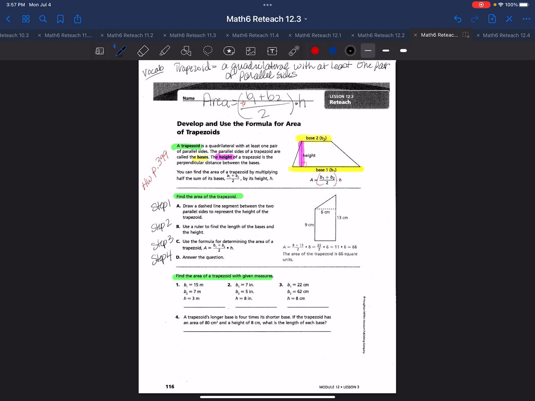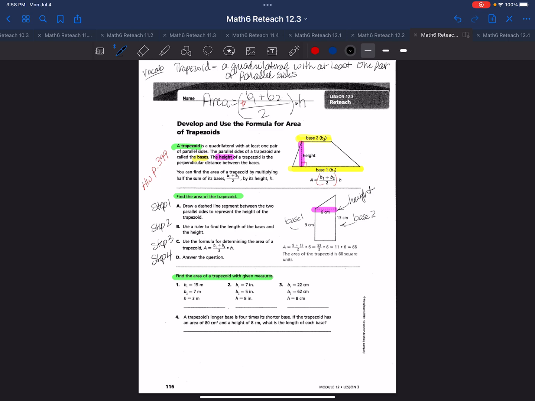Okay. Draw a dashed line segment between the 2 parallel sides to represent the height. So here is my height of the trapezoid. Use a ruler to find the lengths of the bases. So we know we're going to have base 1 and base 2. So this would be base 1 and this would be base 2.